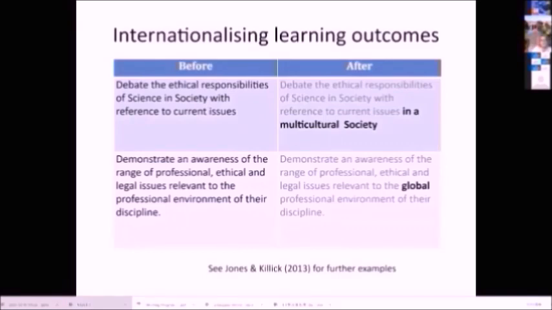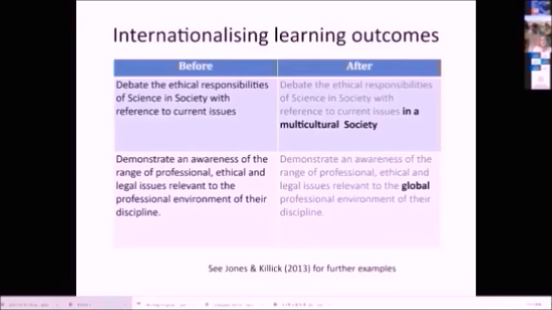So here we tried to help our colleagues look at their existing learning outcomes and see how they might be changed to provide a more intercultural context. So we added, in this case, in a multicultural society, or relevant to the global professional environment of their discipline. So this caused people to think differently about how they articulate their learning outcomes.